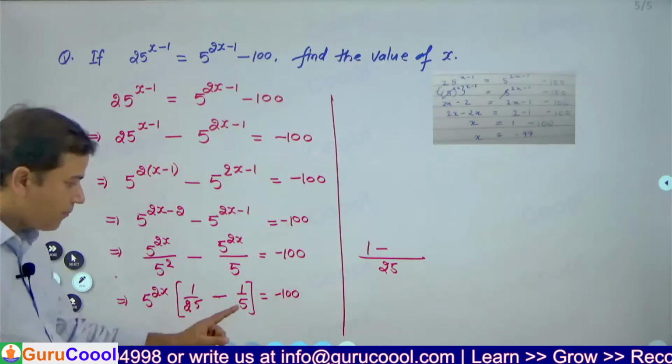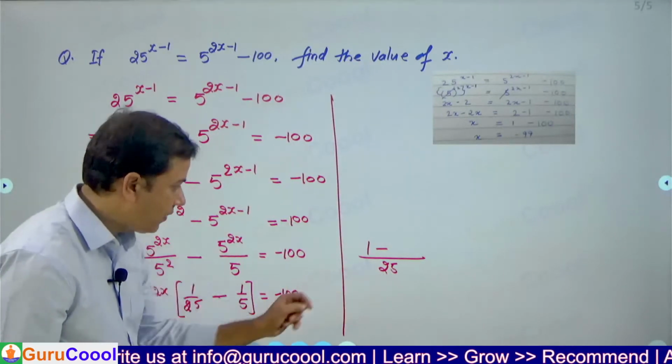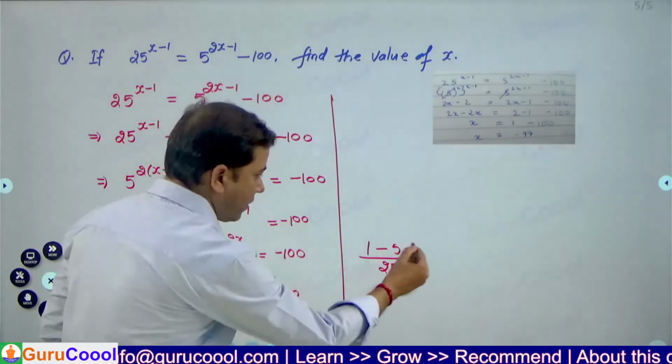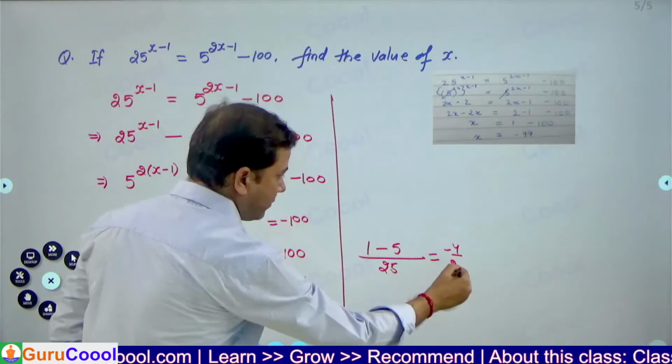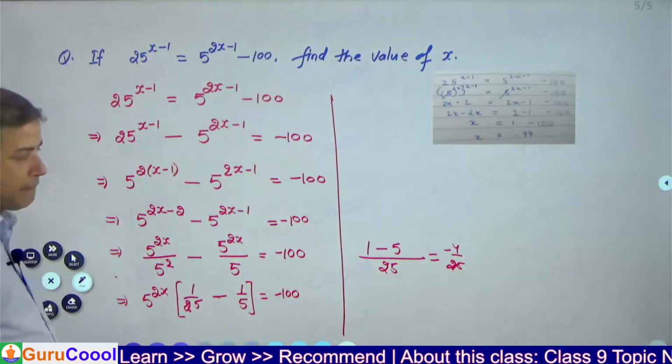Then a minus sign. 5 times 5 is 25, so 5 ones are 5. We are getting minus 4 by 25. Is that okay? Yes.